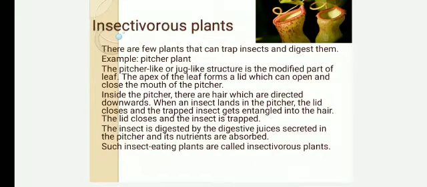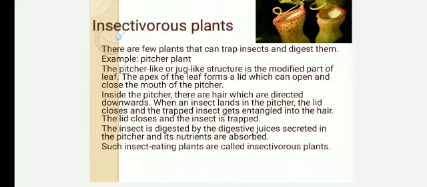The pitcher-like or jug-like structure is the modified part of the leaf. The apex of the leaf forms a lid, like a bottle, which can open and close the mouth of the pitcher. Inside the pitcher there are hairs which are directed downwards.